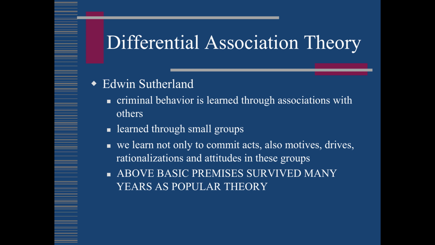That this learning occurs in intimate small groups, and the relationships in these small groups are more important than other messages that we get, such as through the movies, television, or the newspapers. Criminal behavior is learned through not only actions, but also the motives, the drives, the rationalizations, and the attitudes of other group members.